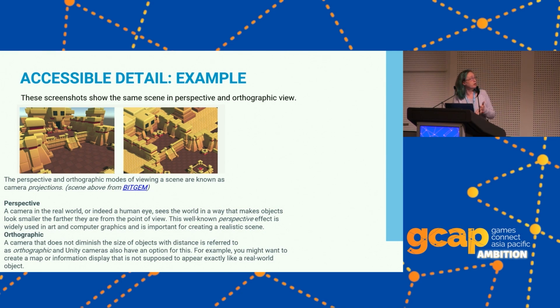I've integrated my graphic by making sure it's got a stem sentence so I know what I'm looking at. And I've presented the explanation about orthographic and perspective in a consistent way. So all these principles together make sure that I have the accessible detail I need as a user.